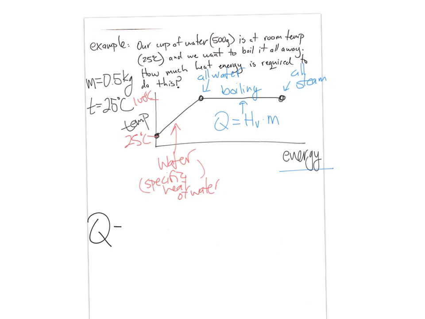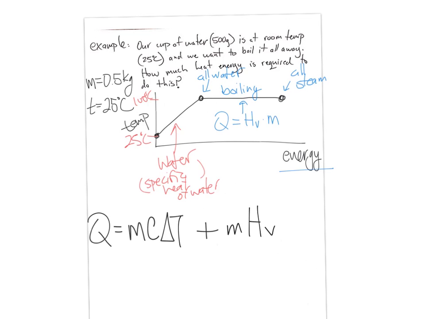The heat required, first of all, to raise the temperature: maybe I'll write out the variables first. Q equals mc delta T, for raising the temperature of the water. And we're going to add to it the amount of heat required to vaporize or boil all that water away, which is m times the heat of vaporization.